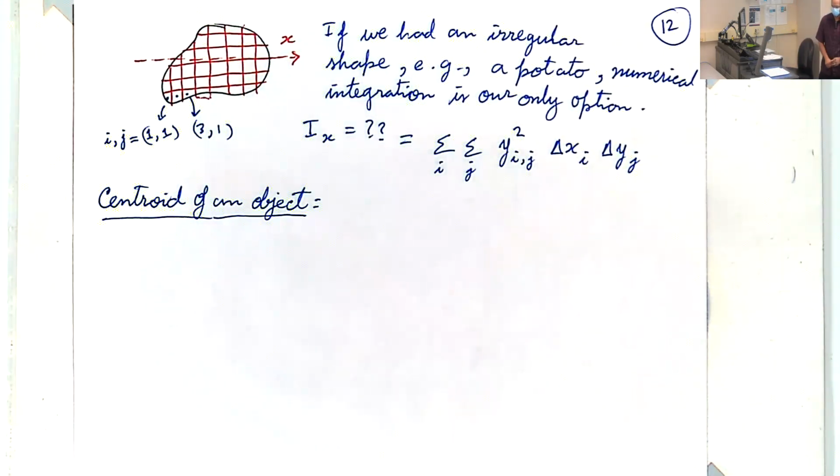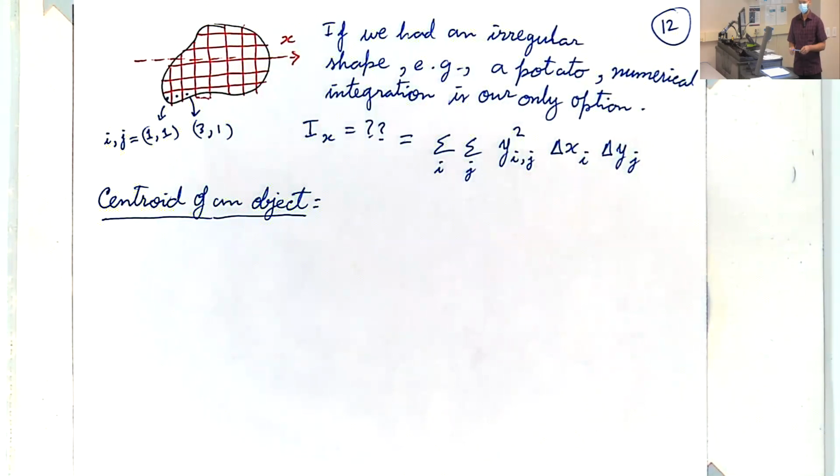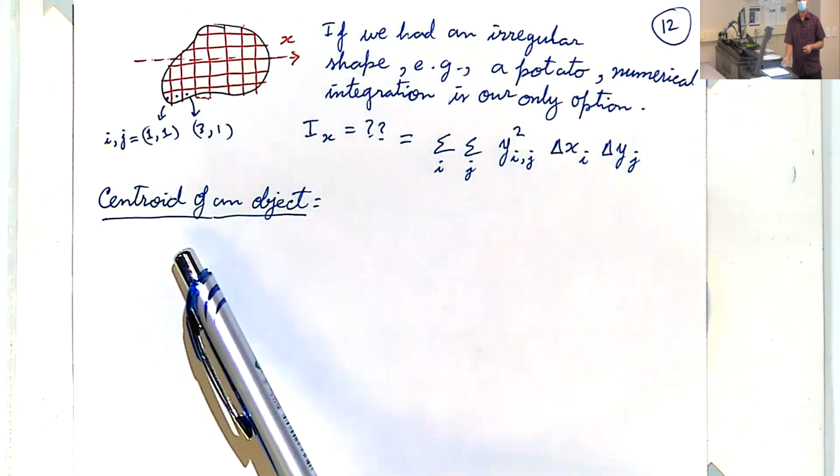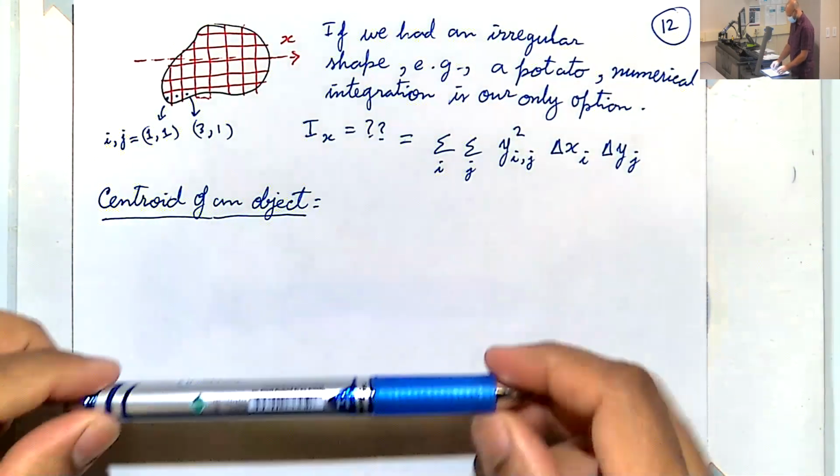Is the centroid of an object the same as the center of mass of an object? It is if the object has homogeneous density and thickness. Only if the density is uniform throughout the object can you say the centroid is the same as the center of mass. But that may not always be the case.